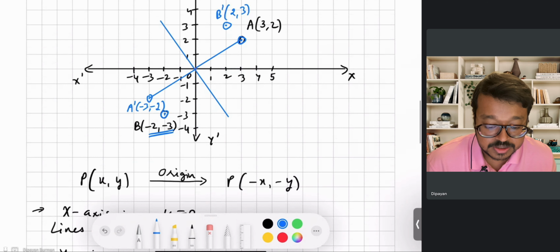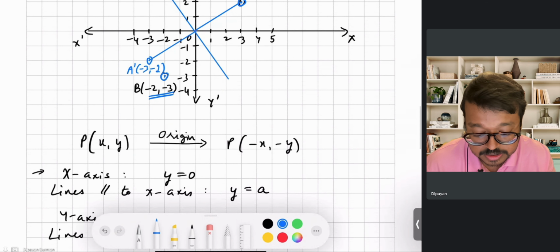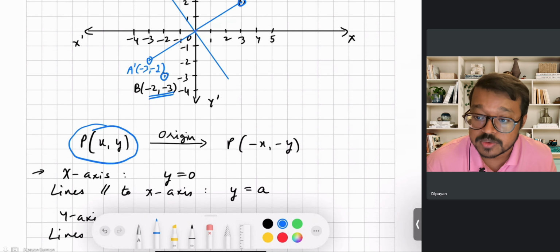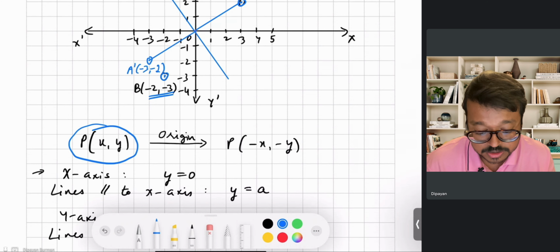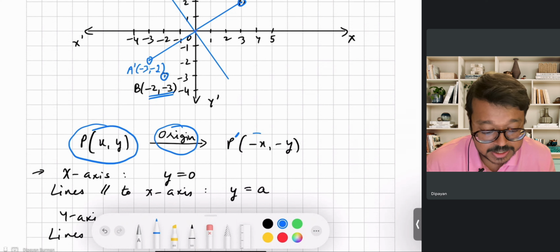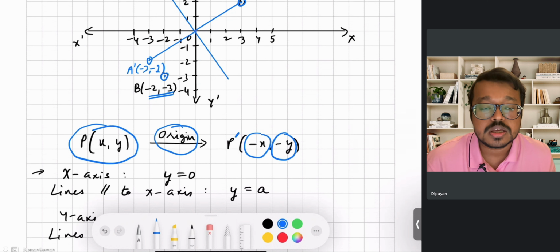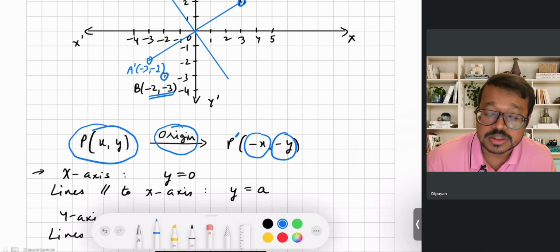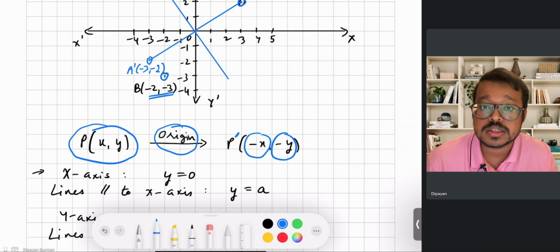So in general, any point P with the coordinates x comma y reflected on the origin will give me a point P dash with the coordinates -x comma -y. So in case of reflection in the origin, the sign of both x and y coordinates will change.